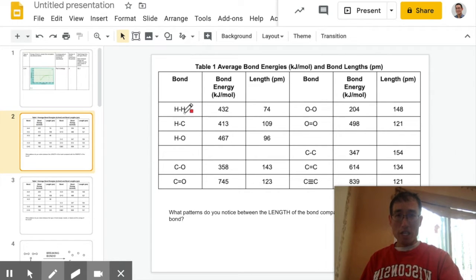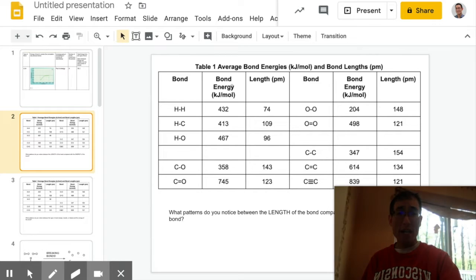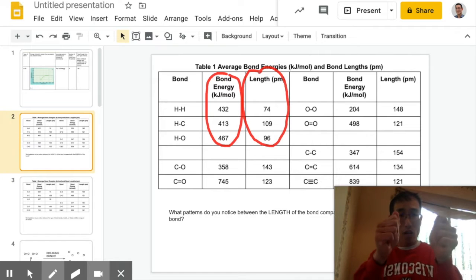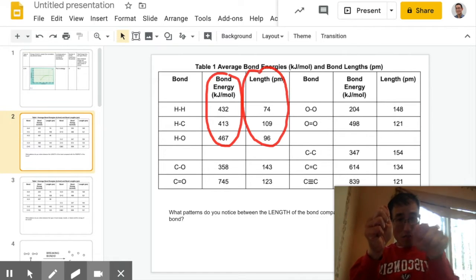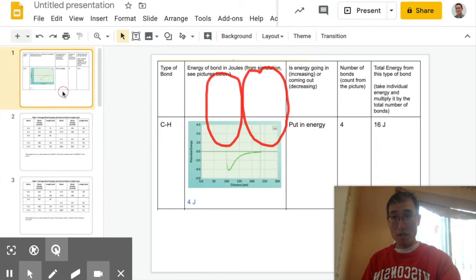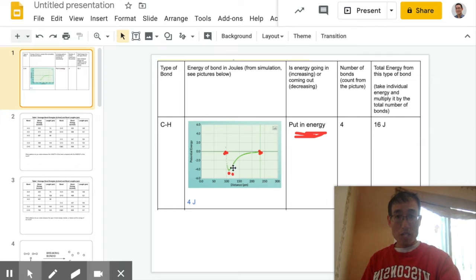Each bond, H-H, H-C, H-O, has some energy, and I just want you to first look at patterns of how the bond energy relates to the length of the bond. Different bonds, as you saw, have different lengths. If I go back to this screen, the dip for different bonds was in different places.